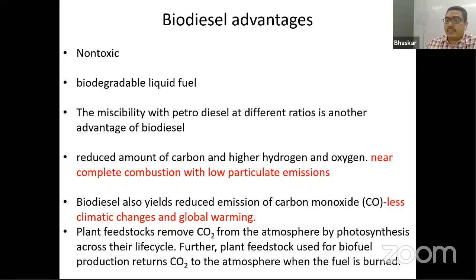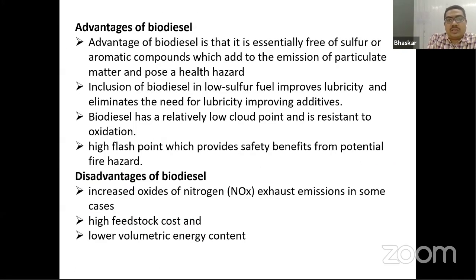With better combustion, there is a lower emission of particulate matter and also less emission of carbon monoxide. So it mitigates climate change and global warming as well. As discussed, low sulfur will be emitted. Some disadvantages are also there with biodiesel.